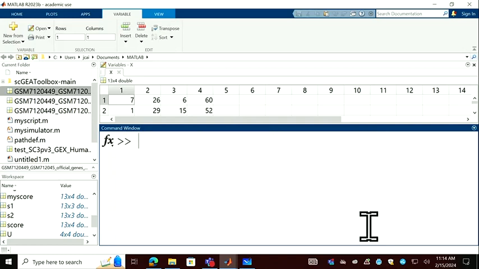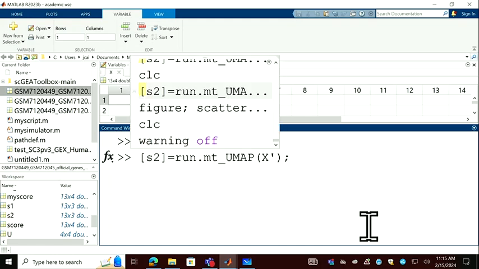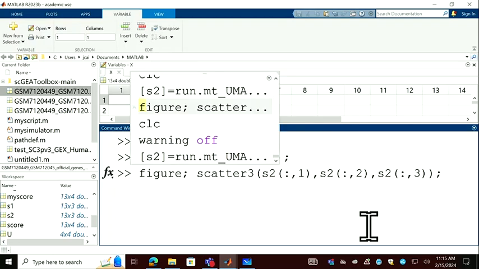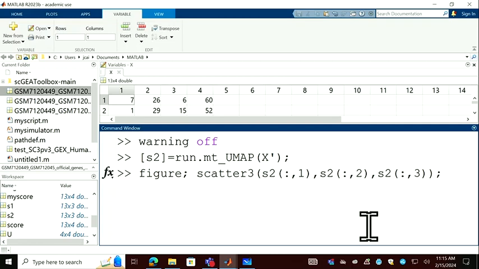Okay, let me type that again. So I will do warning off, so it does not show this warning message, and run this, and then figure to plot them out. Those are the commands I will use.